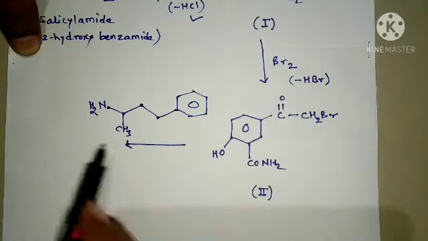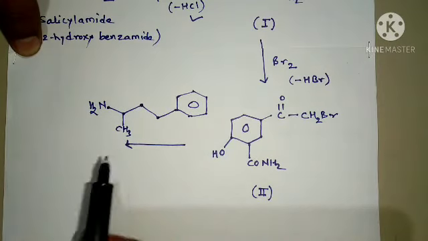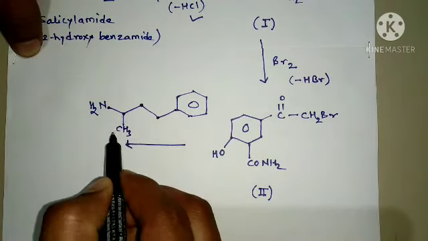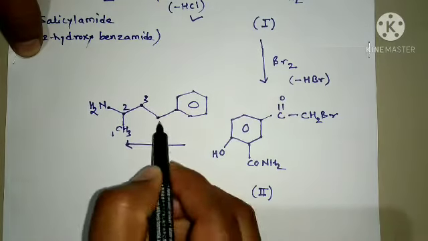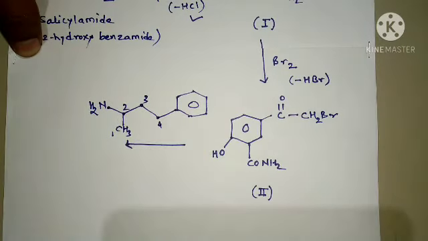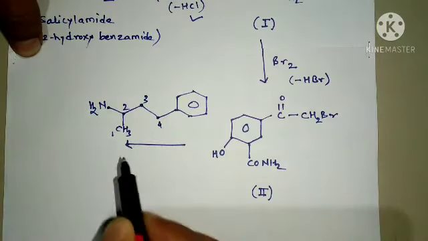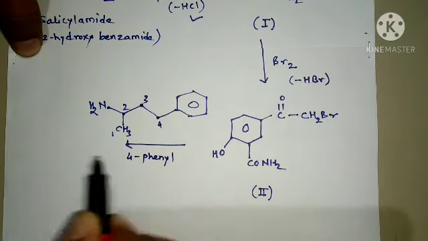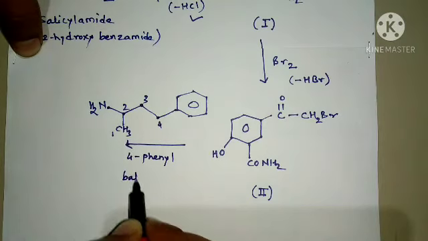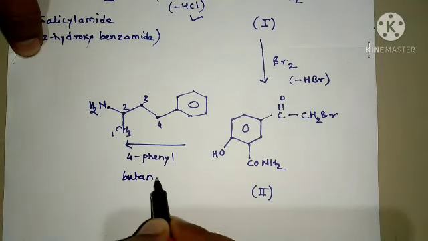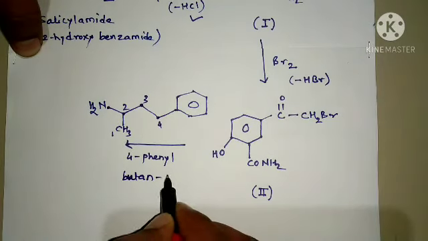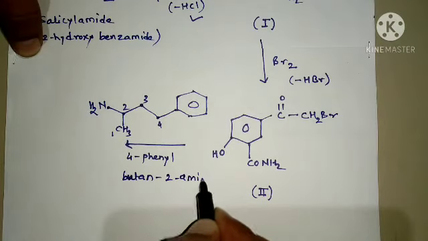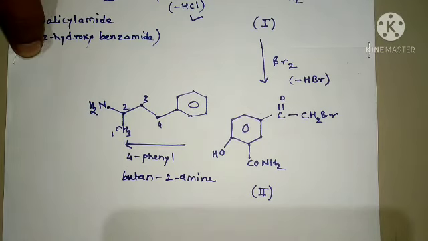So this is the amine derivative. What is the name of this amine derivative? 1 2 3 4. This is your longest continuous chain, and the fourth position has a phenyl group. That means 4-phenylbutane-2-amine.